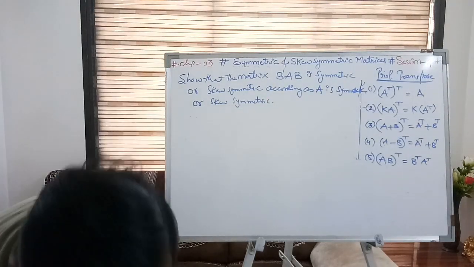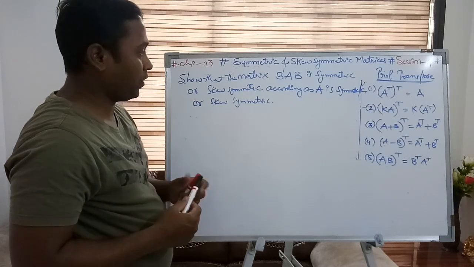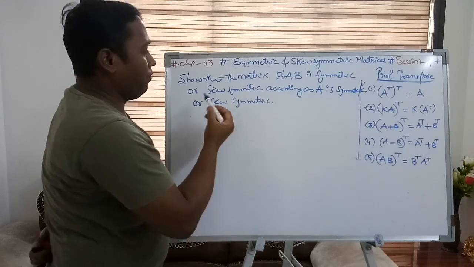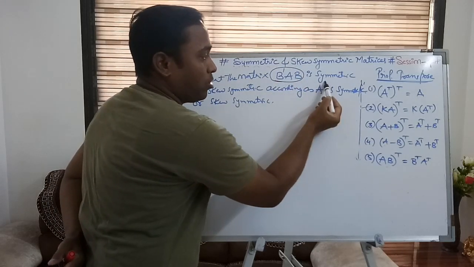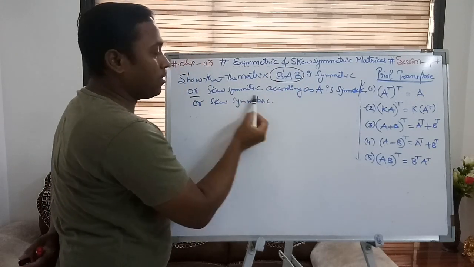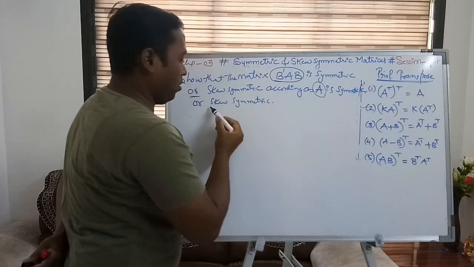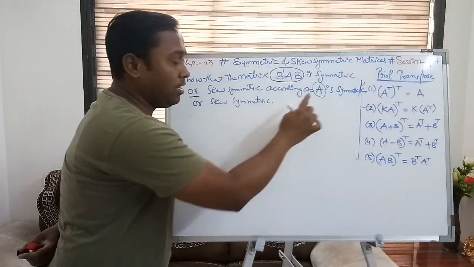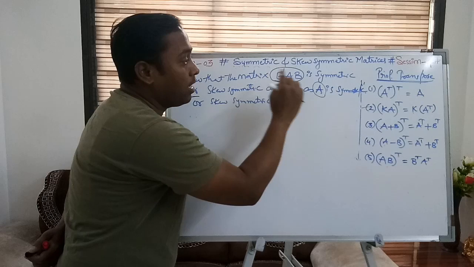Now see how interesting the question is. What they said, try to understand. We have to show that this matrix is symmetric or skew symmetric according as A is symmetric or skew symmetric. यानी यदि A symmetric होगा, so this operation will be symmetric.